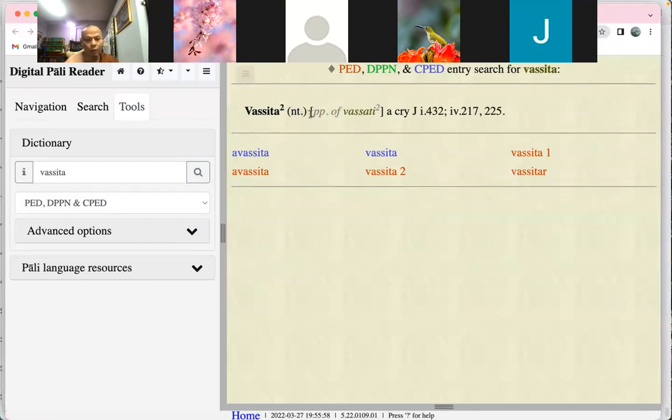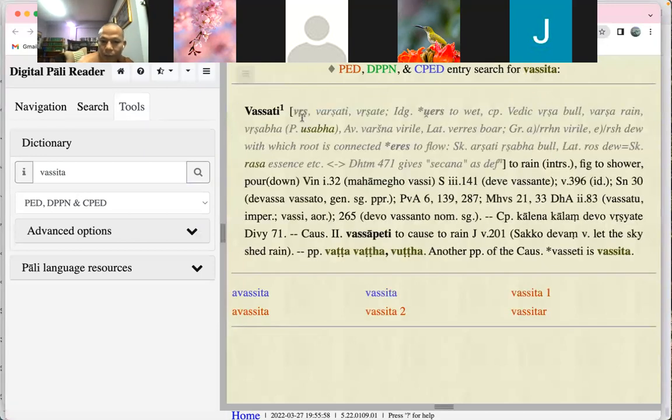Originally, vassati is to rain heavily, to rain or shower.